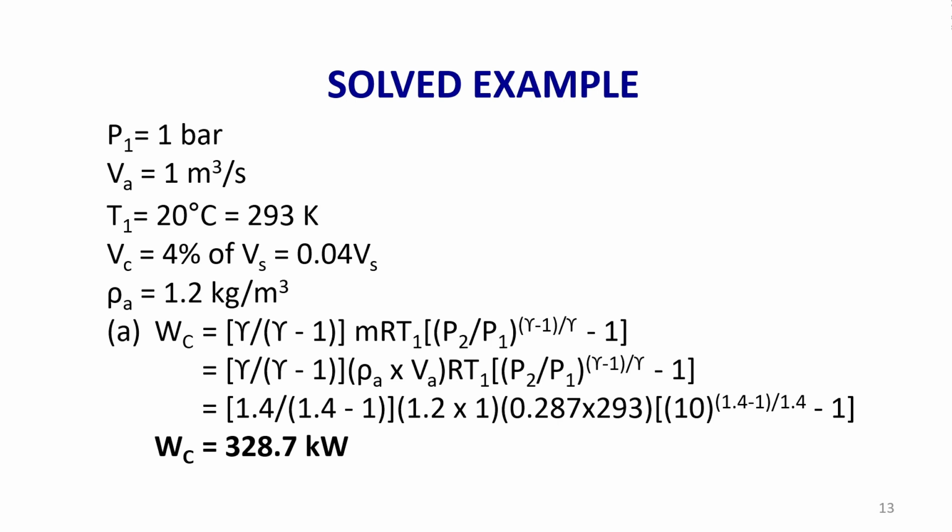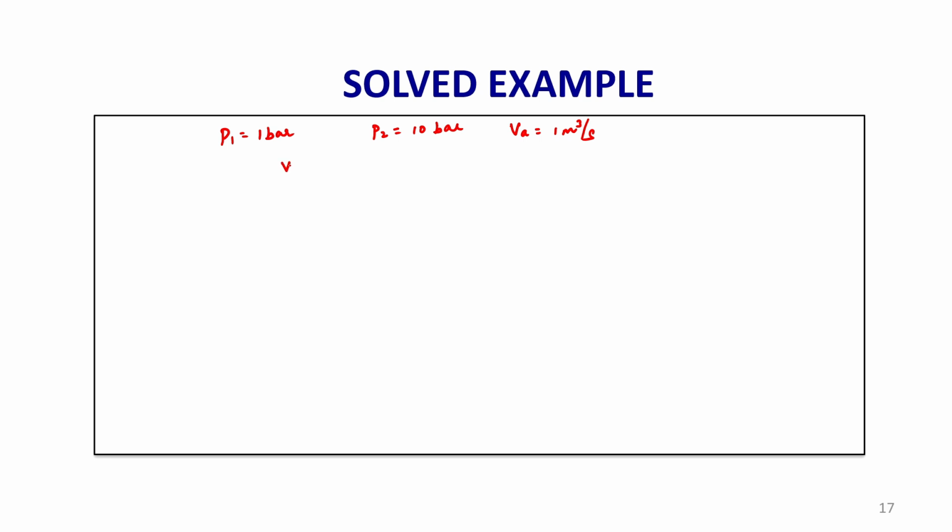Clearance volume is 4% of the stroke volume. So, clearance volume is V suffix C. It is given as 4% of stroke volume or swept volume. Stroke volume or swept volume is represented by the letter Vs. So, 4% is 4 by 100 into Vs, which is 0.04 into Vs. Therefore, clearance volume is equal to 0.04 times stroke volume.